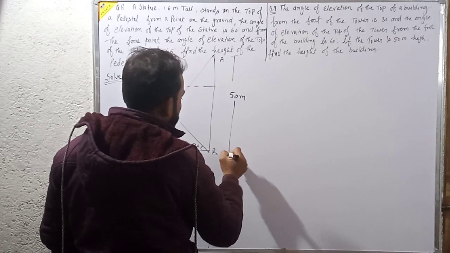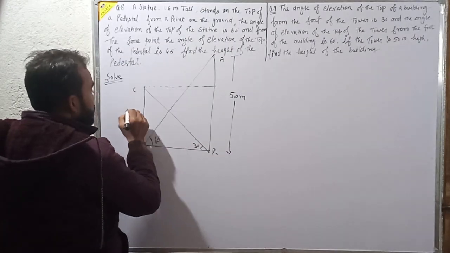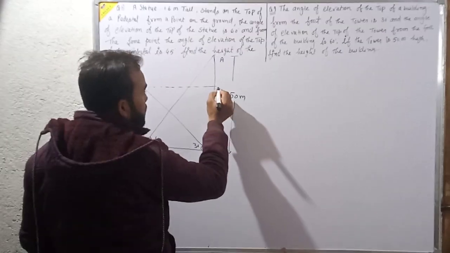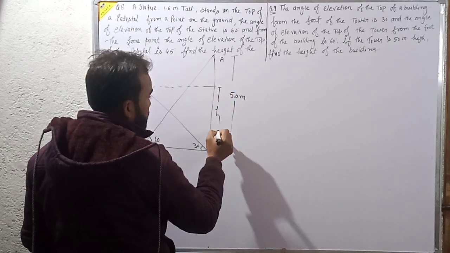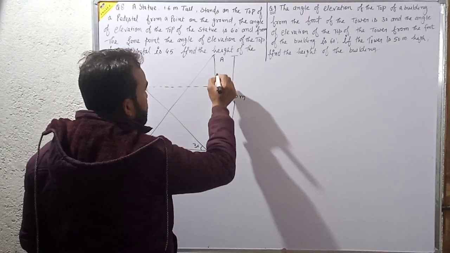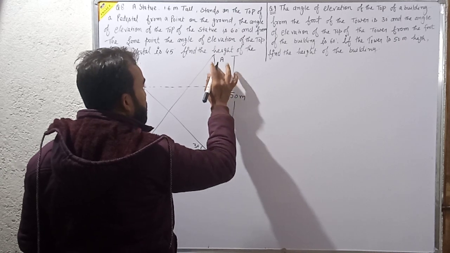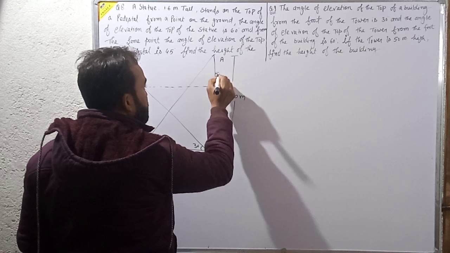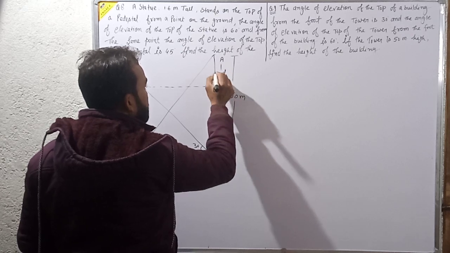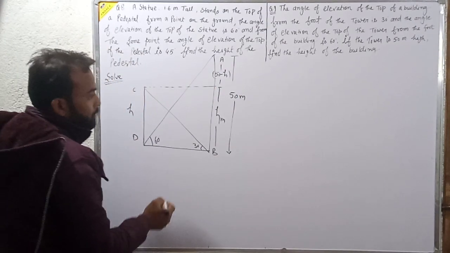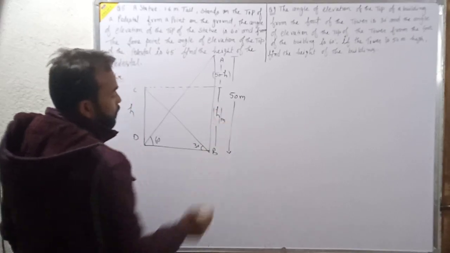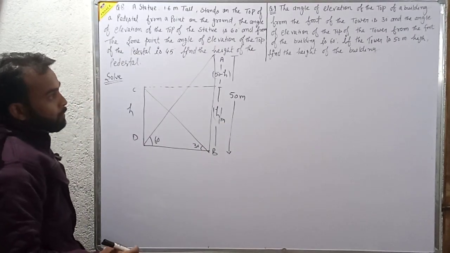Let me suppose the height of the building be h meter. So this will be 50 minus h. Clear?